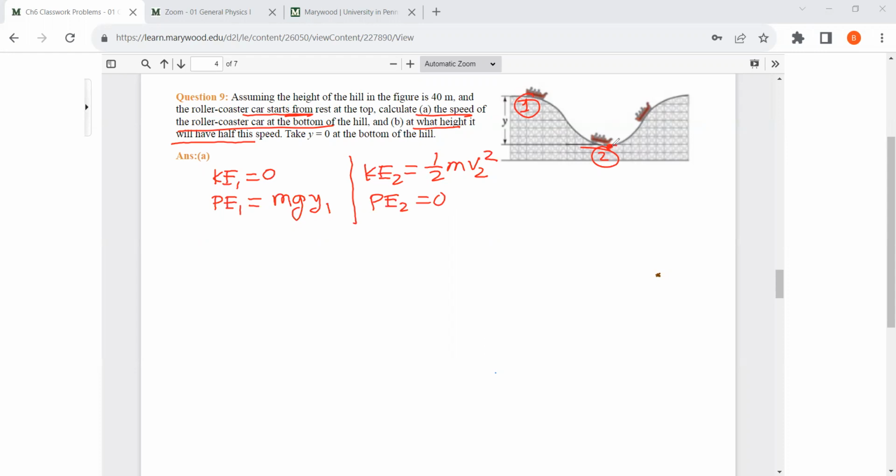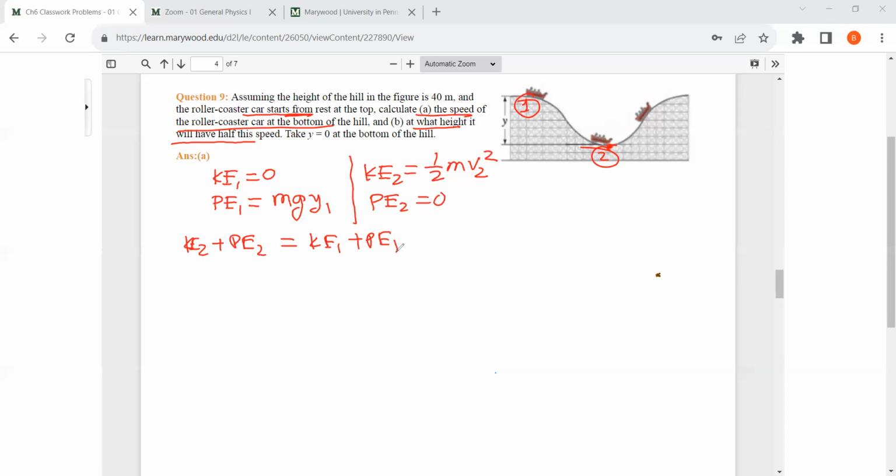If we neglect the friction, because the question didn't mention friction, then we can use the conservation of mechanical energy, which tells us that KE2 plus PE2 equal to KE1 plus PE1.